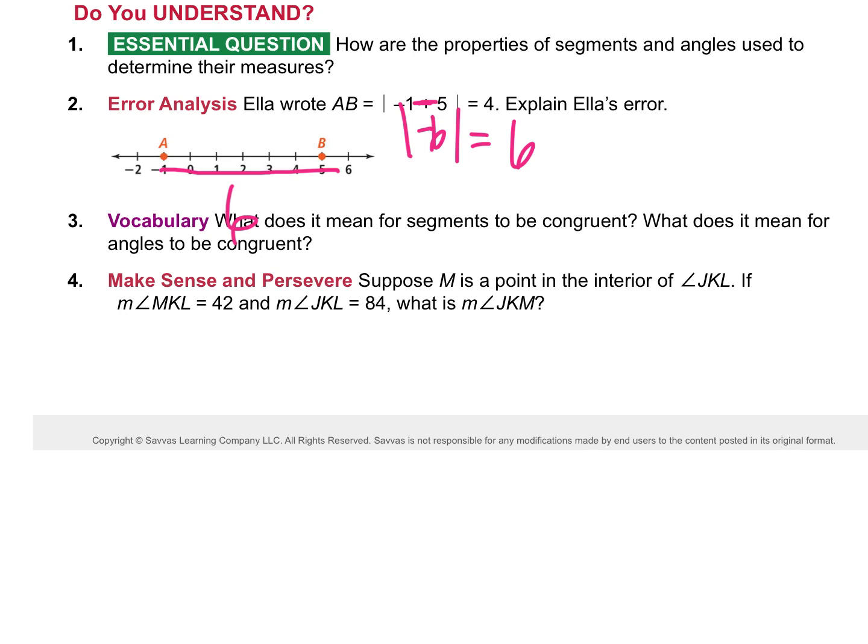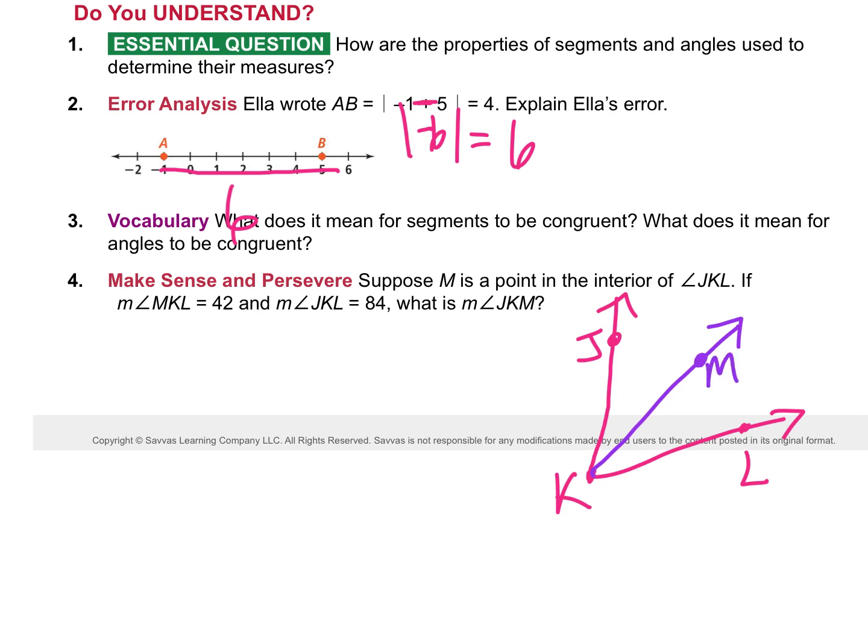All right, so suppose M is a point on the interior of angle JKL. And M is a point on the interior. So we're going to do this. And we're going to put M here.